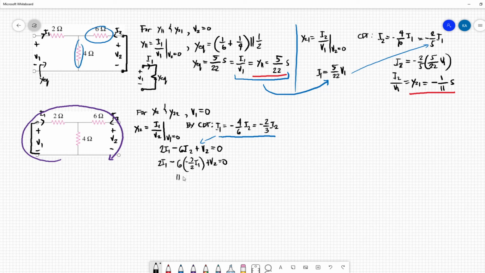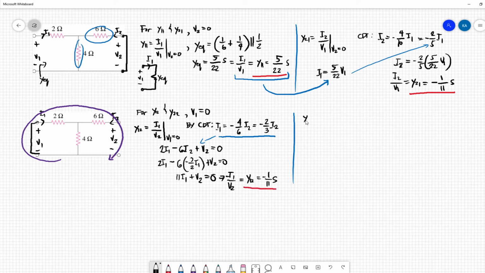We have 11 i1 plus v2 equal to 0. So our I1 over V2, which is our Y12, equal to negative 1 over 11.